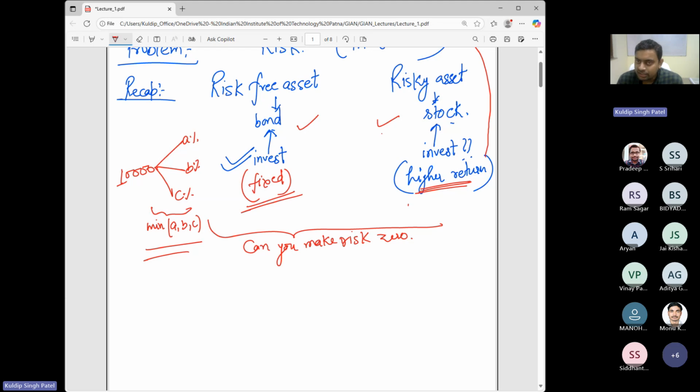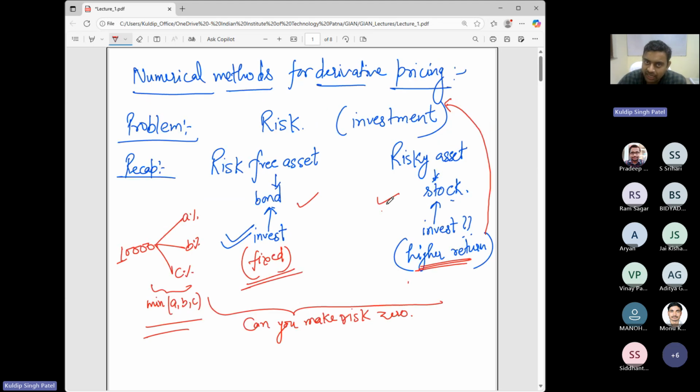Nothing mathematical till here. So what we realized is that if we have some money and we want to invest, there are risky assets as well as risk-free assets. If we want to invest in a mixture of both, because you only told that we should go for a mixture, because at one end you are having very low but fixed return, at one end you are having higher return but risky.